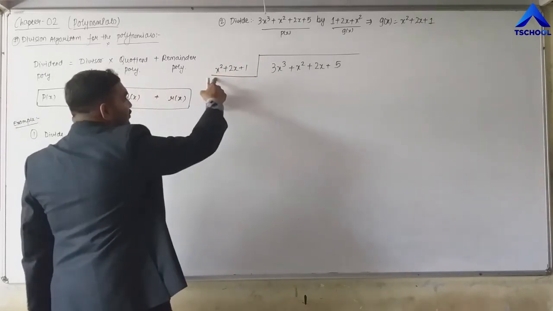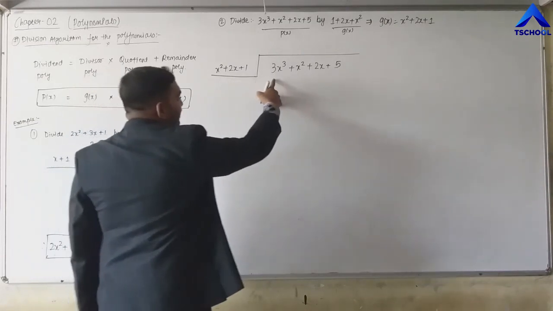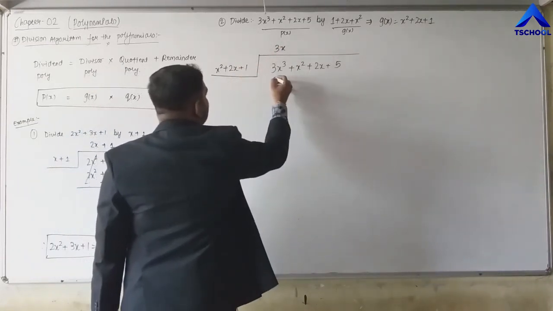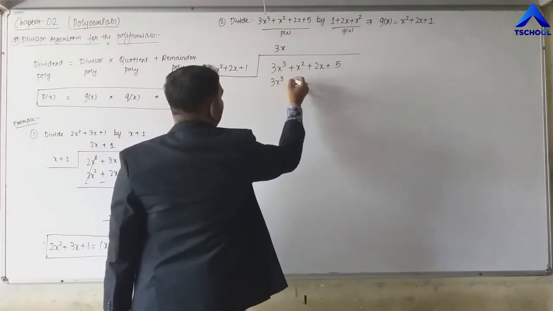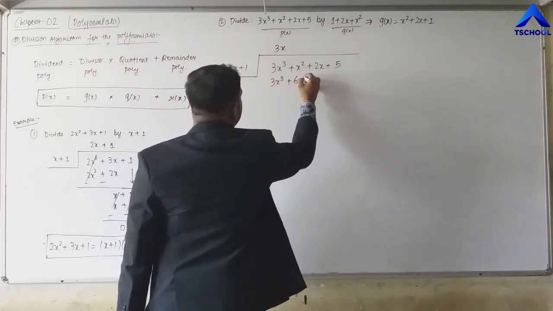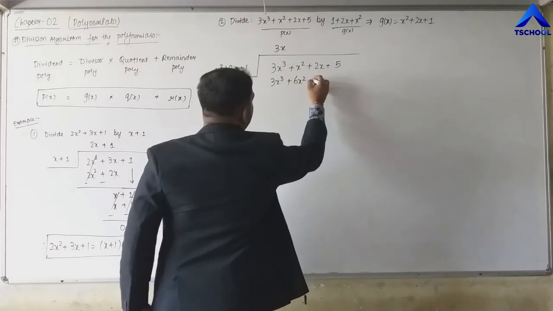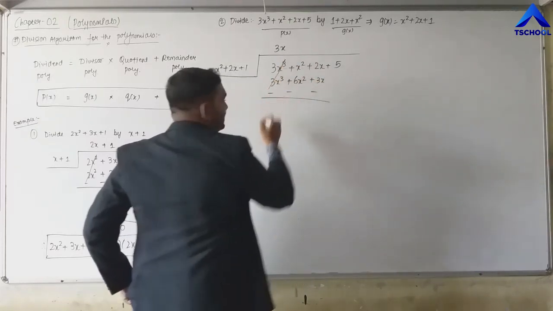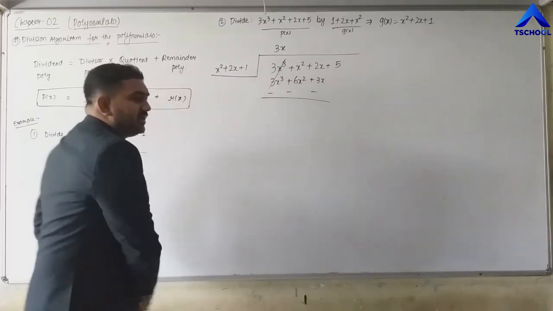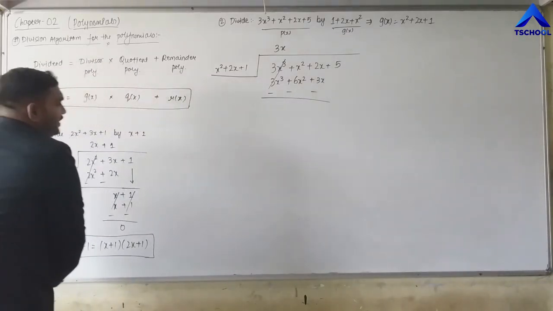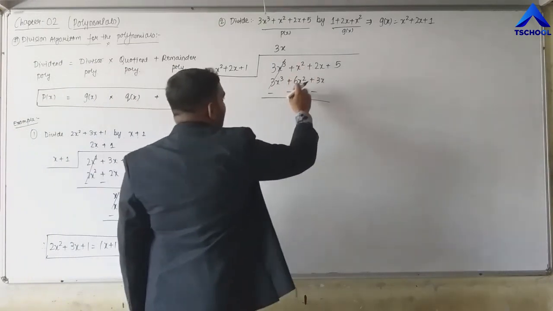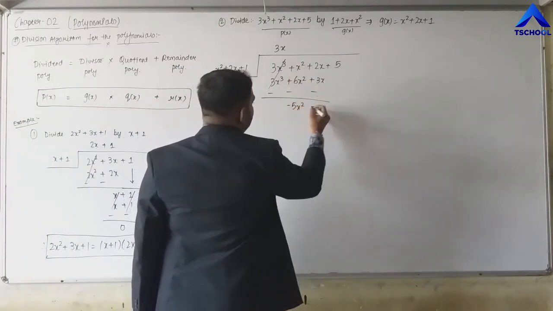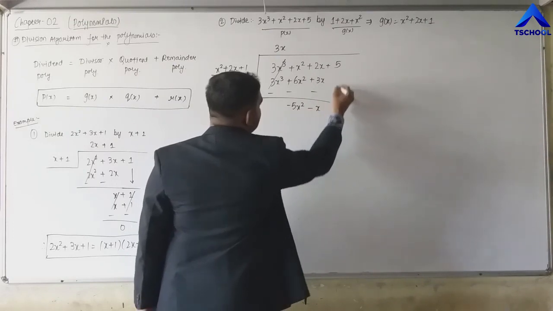Looking at the coefficients, here it is x square, here it is 3x cube. So we shall multiply by 3x: 3x into x square is 3x cube, plus 3 into 2, that is 6x square, and 3x into 1, that is 3x. Eliminating them, the terms 3x cube and 3x cube cancel. Next, x square minus 6x square is minus 5x square, and 2x minus 3x is minus x.